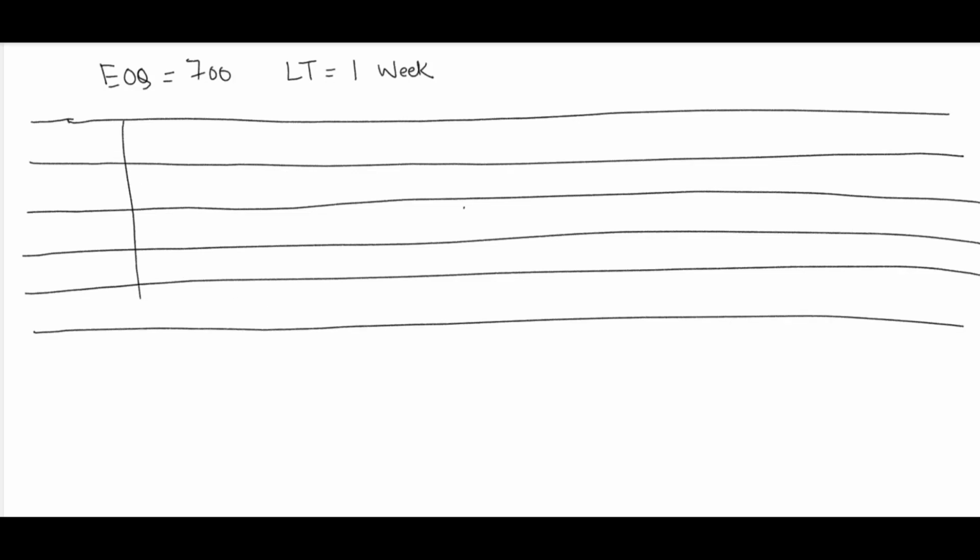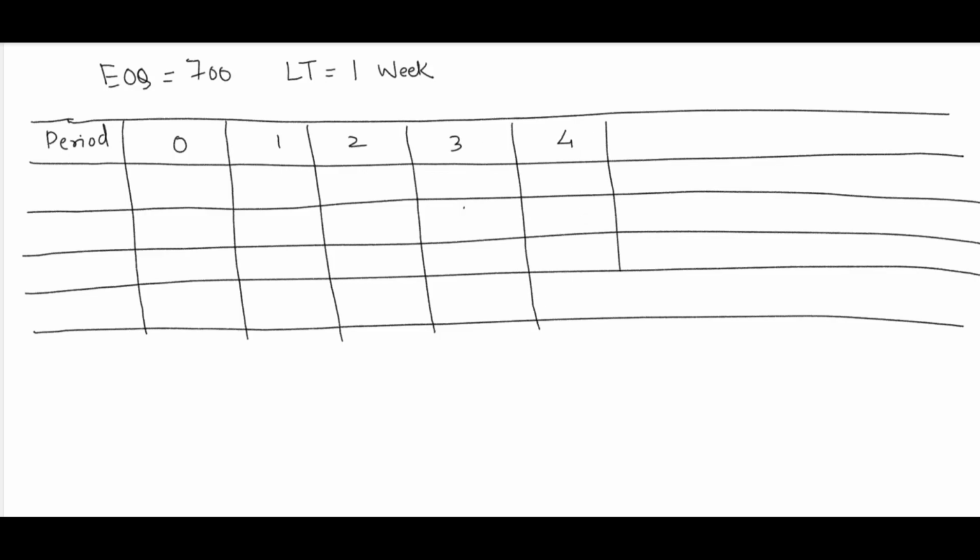Period, then it is 0, it is 1, 2, 3, 4, 5, 6, 7 and again it is 8.